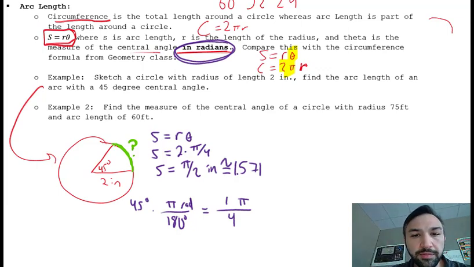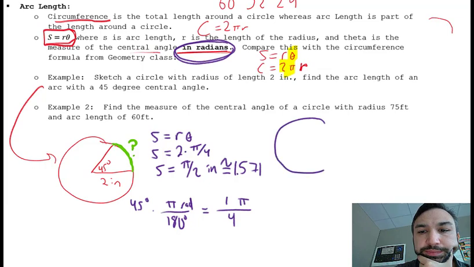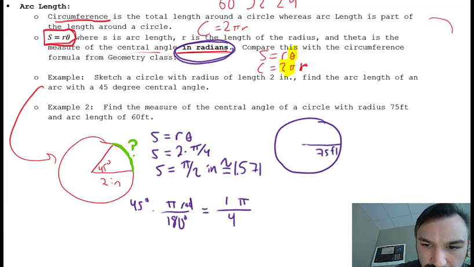Okay, let's do another one. Let's find the measure of the central angle of a circle that has this radius and this arc length. Okay, so the radius is 75 feet, and the arc length I want is 60 feet.